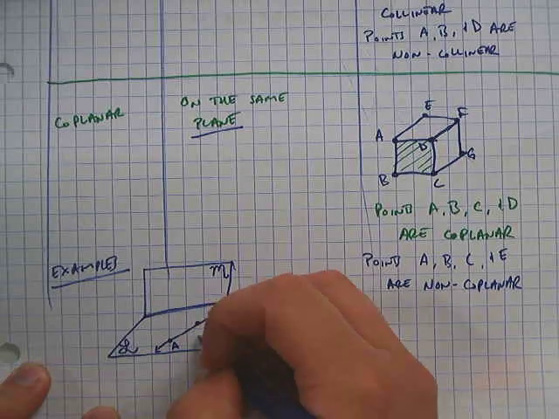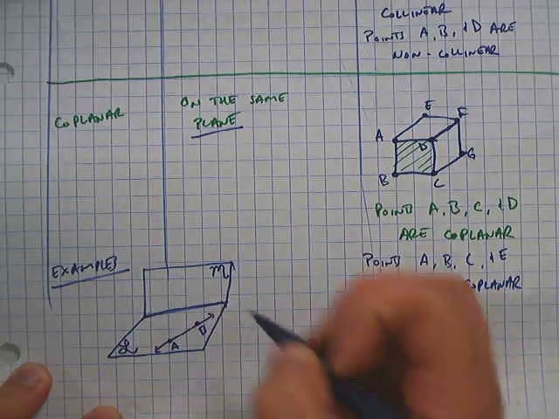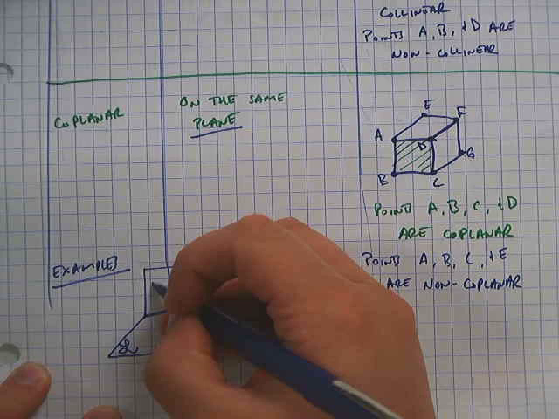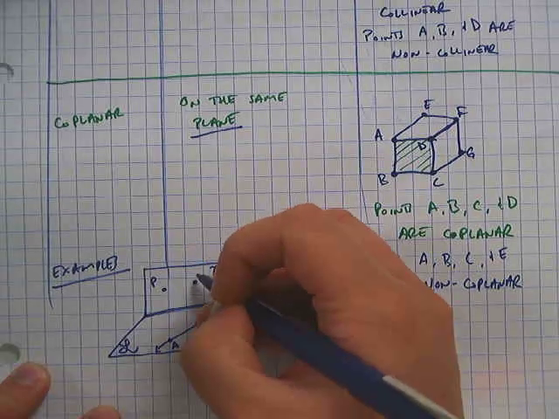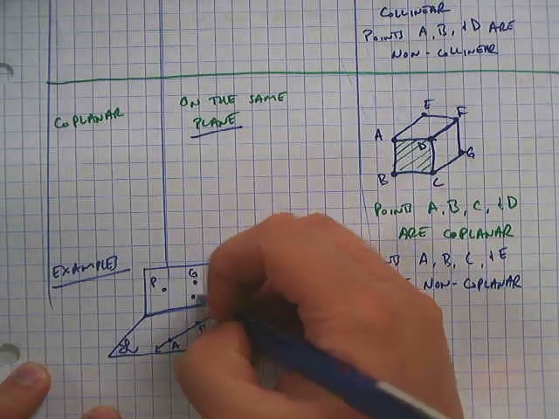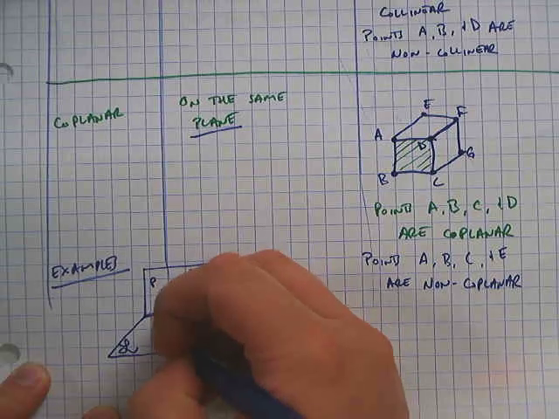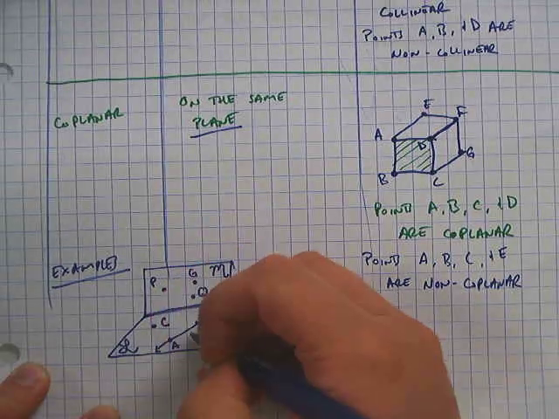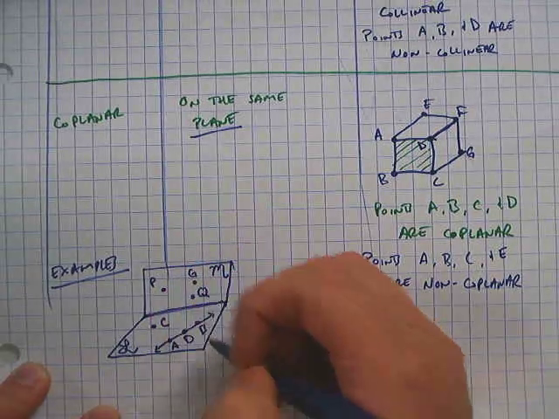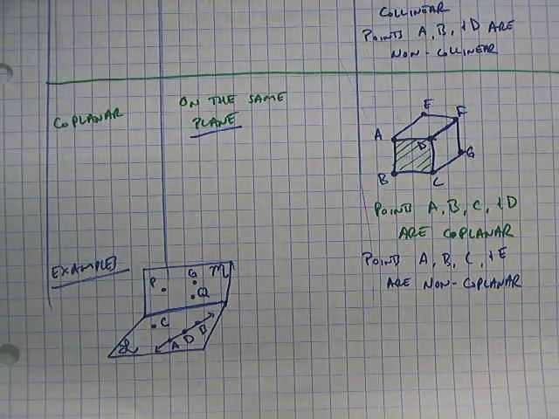Let's call this plane uppercase cursive M, and we'll call this one plane cursive L. Okay, so we've got two different planes, and we're going to put some stuff in these planes.